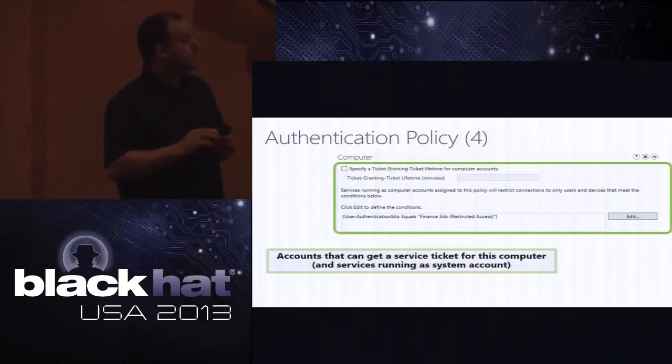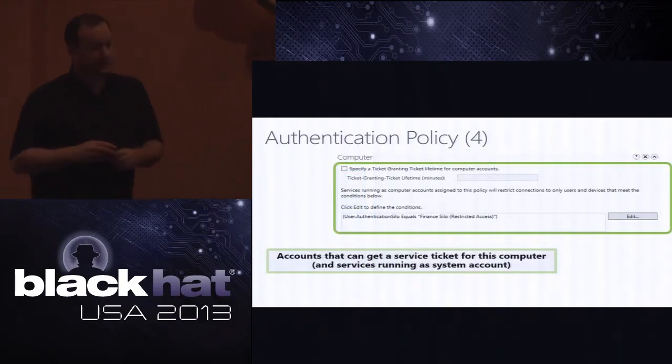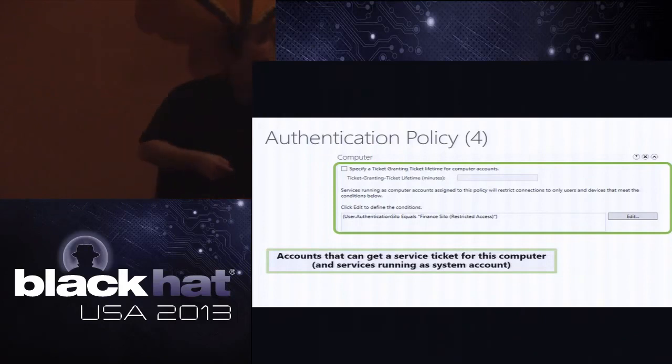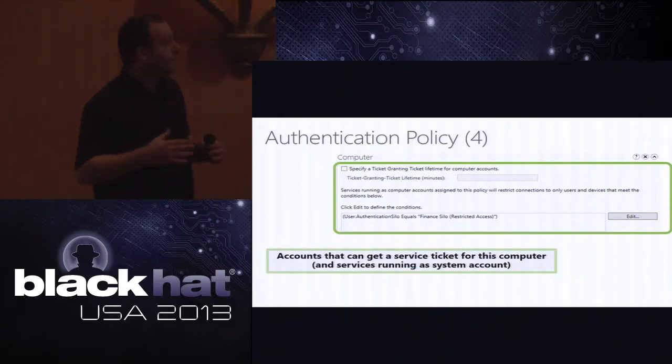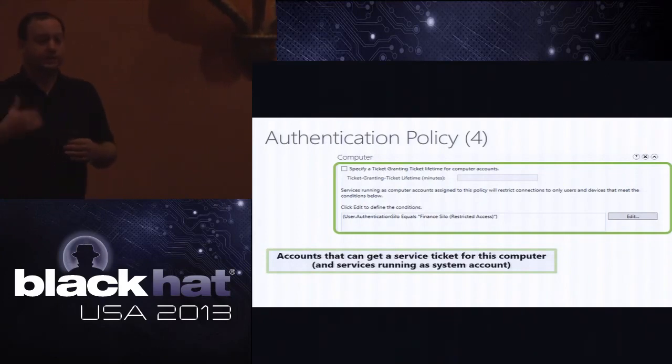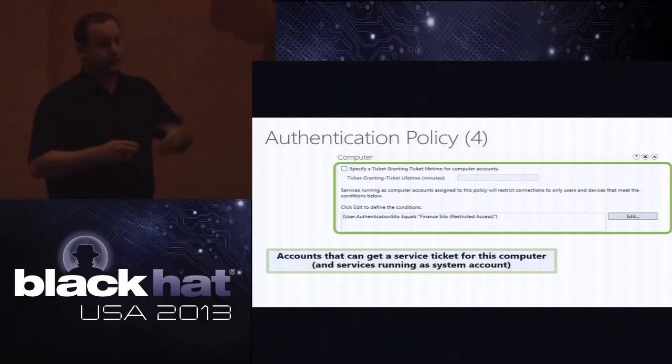And the last piece is a computer. All of these things that I've discussed previously rely on the Kerberos armoring feature, which was introduced in Windows 8 and 2012 R2. And effectively, the Kerberos armoring feature lets us know where that authentication is happening from because we authenticate who the computer is and then we build on that and get a TGT for either the service or the user account.